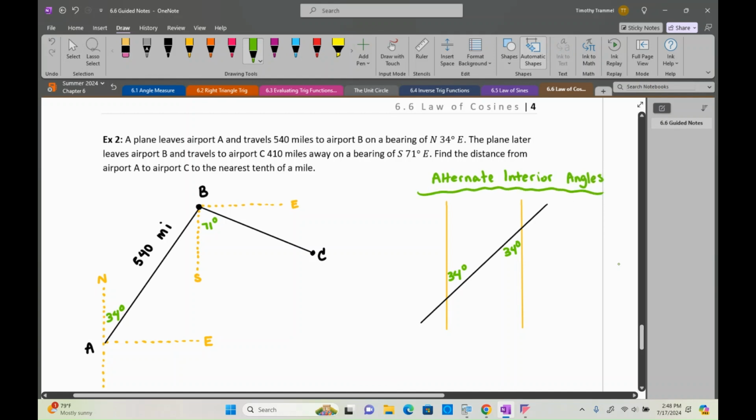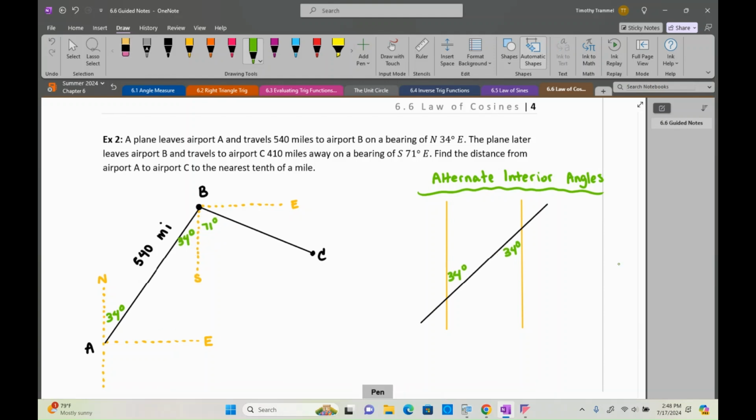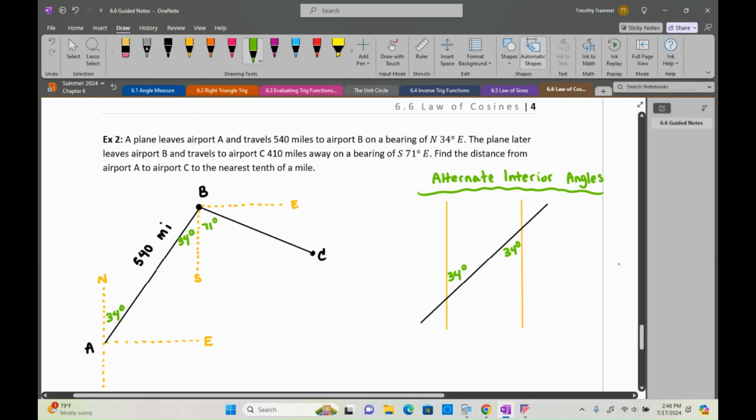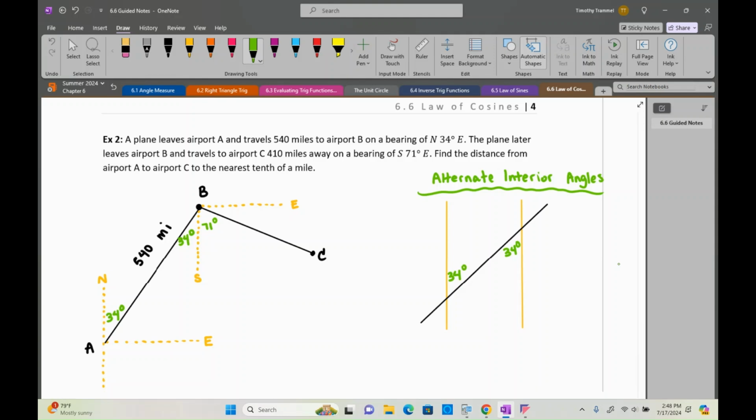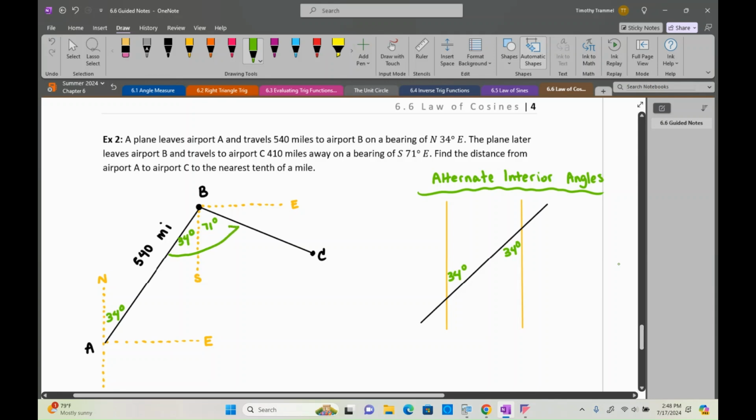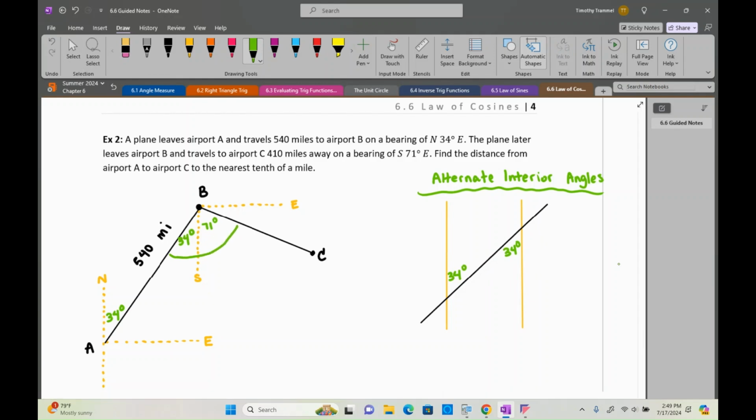So I'm going to put a little 34 right here as well. This total angle here is going to be 34 plus 71. We'll want to keep that in mind at some point, and maybe I'll actually just write it in now. If you add those two up, we should get 105 degrees.